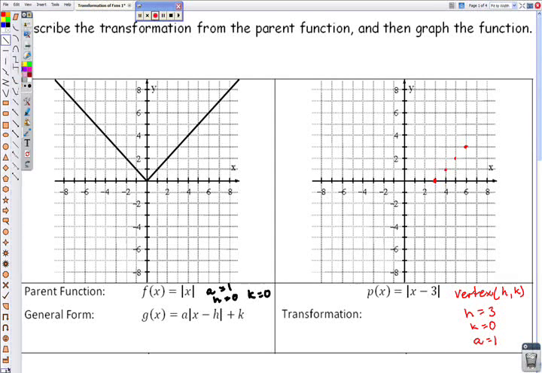And then along with that, the axis of symmetry must be x equals 3. Here my arrow is in the wrong direction.